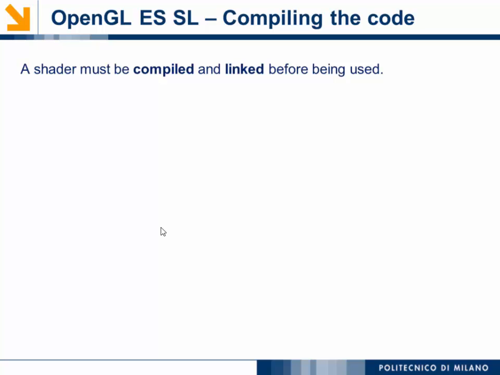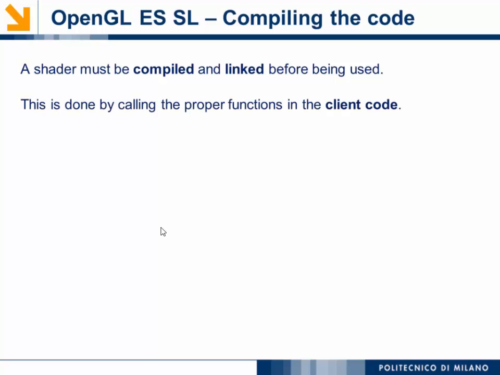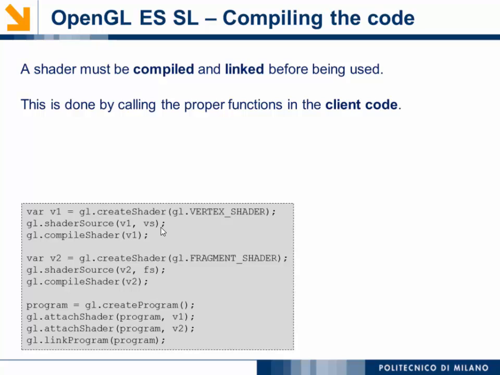Once we are satisfied with our code, we must compile and link all of this. This is done using some functions, again in the client code. That's another part of the obscure part that we used the other time.